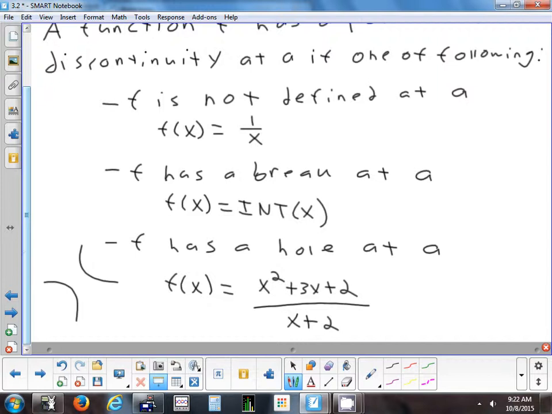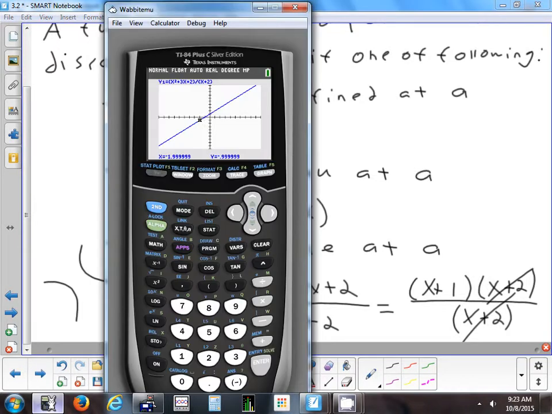And the reason why there's a hole is because watch what happens if I factor the top. It factors into x plus 1, and what's the other factor? X plus 2. Look what happened in the bottom, x plus 2. So basically what this looks like, if I were to graph y equals x plus 1, these two graphs would be almost the same.